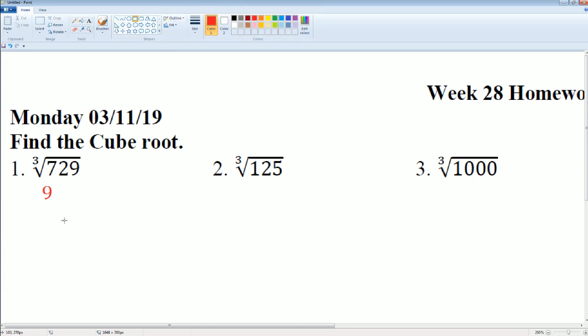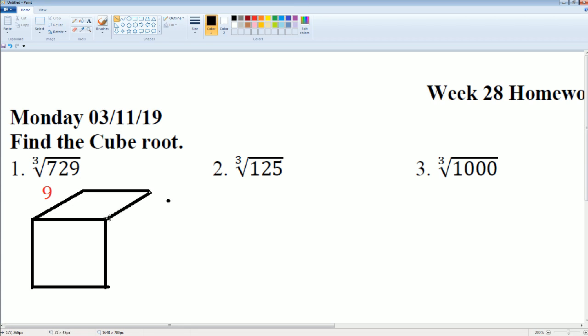So, if we have a cube here, it's going to take me a while to make my cube. That's a horrible cube. That's better.